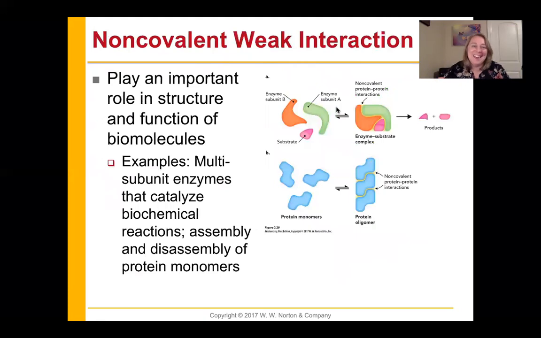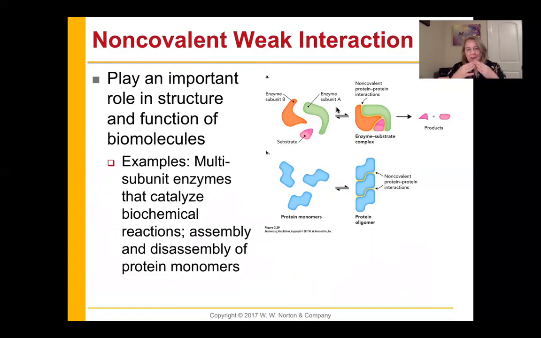Okay. So our non-covalent weak interactions play a really large role in structure and function of our biomolecules, right? So you think about enzymes. Enzymes a lot of times have multiple subunits, and those multiple subunits need to get together in order to catalyze a reaction.